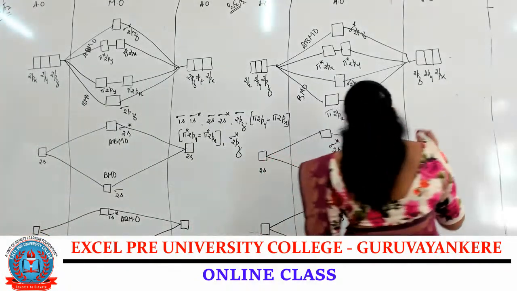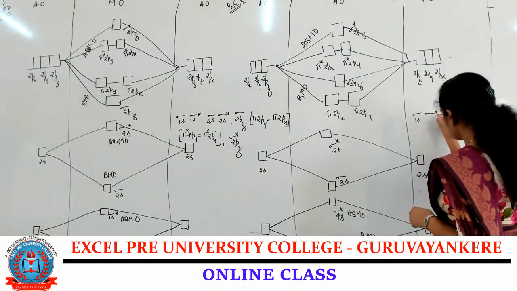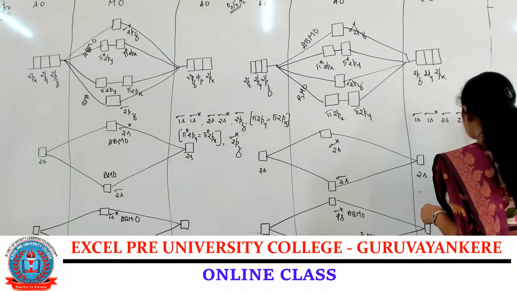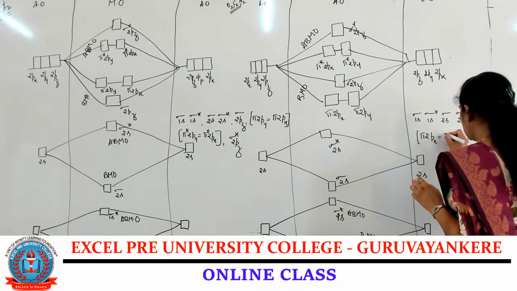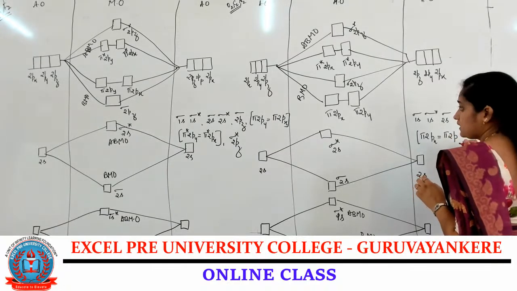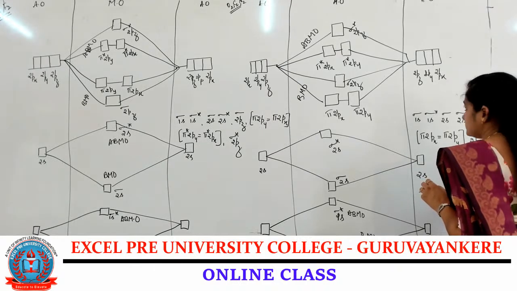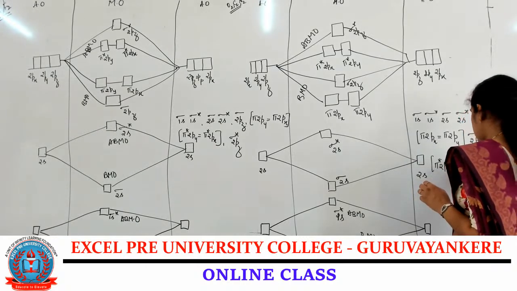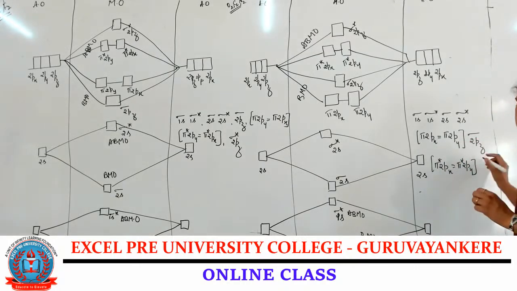Next, for this one, sigma 1s, sigma star 1s, sigma 2s, sigma star 2s, then pi 2px equal to pi 2py, then sigma 2pz, then pi star 2px equal to pi star 2py, then sigma star 2pz.